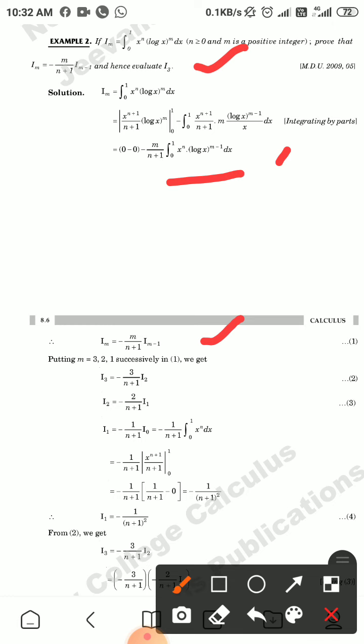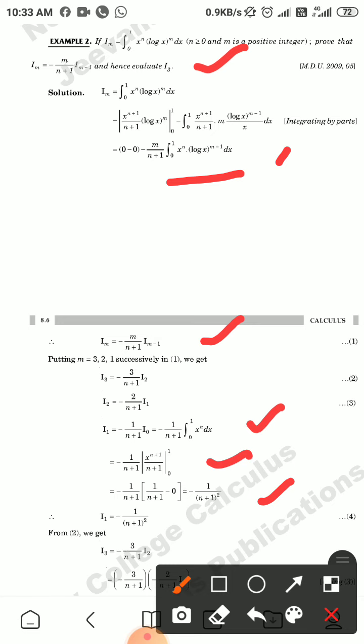Therefore this equals minus 1 by n plus 1 integral 0 to 1 x raised to power n, and after evaluation this gives minus 1 by n plus 1 times x raised to power n plus 1 divided by n plus 1, limit 0 to 1. When we put upper limit, this gives 1 by n plus 1, and lower limit gives 0 value, therefore this becomes minus 1 by n plus 1 square. I1 is, therefore, minus 1 by n plus 1 square, marking this as 4.